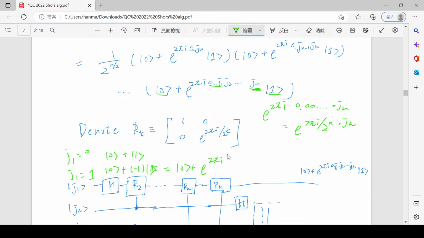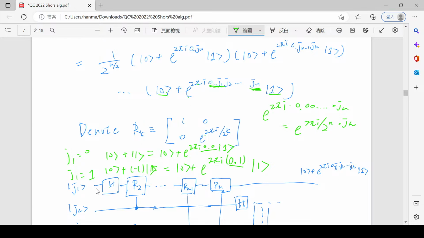So now remember we are in this weird binary notation. So that's 0.1, and similarly this thing is 0 plus e to the 2 pi i 0.01. So you see, if you do Hadamard on J1, then you get 0 plus e to the 2 pi i 0.J1.